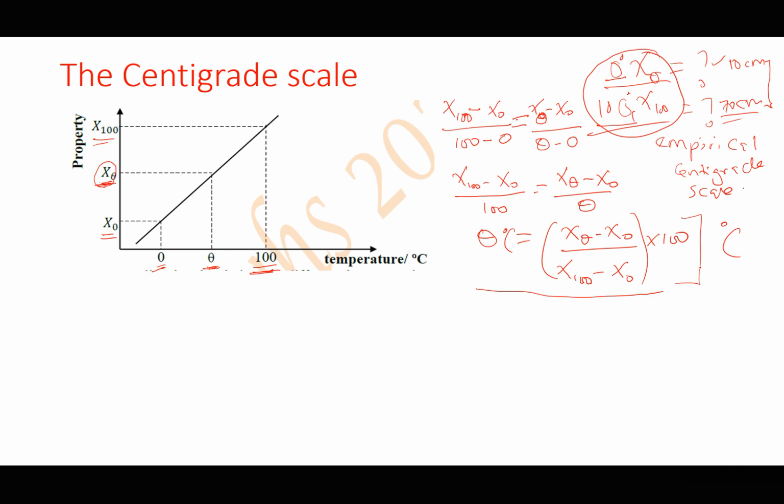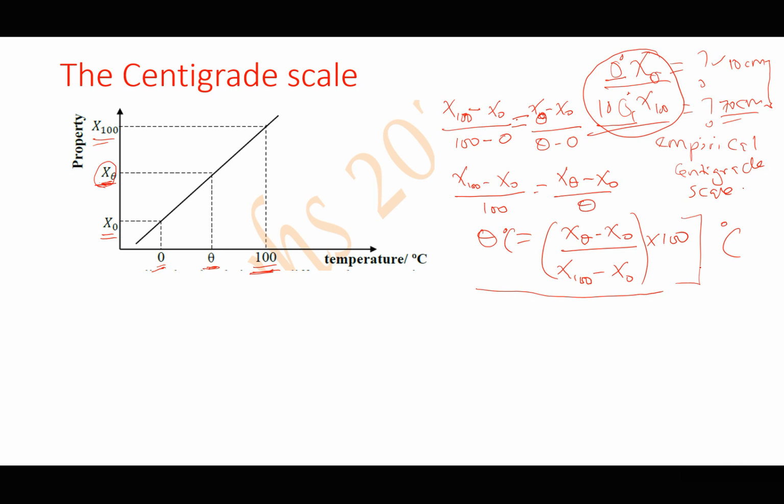Now, I wanted people to realize that it is actually very important for us to realize that the choice of the thermometric substance we use in a thermometer, that is either alcohol or mercury, for example, and the property we have chosen, that is, if we choose a volume of a fixed mass of a gas, pressure, or a volume of a liquid, these will determine the centigrade scale we obtain.